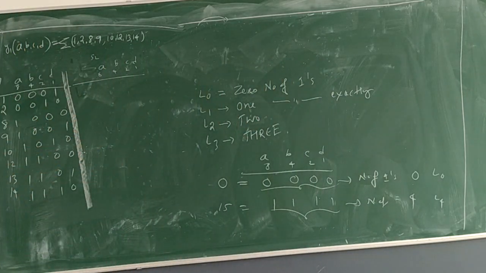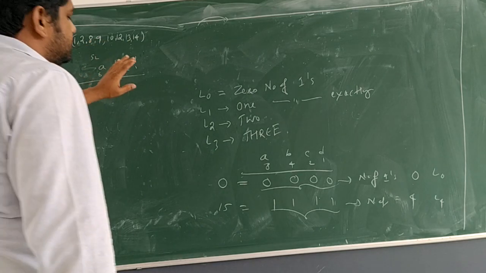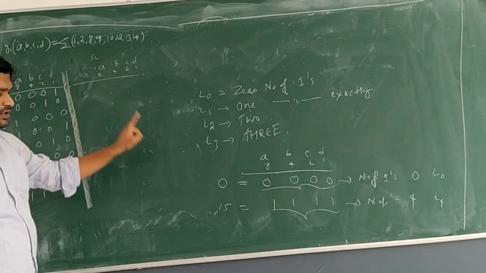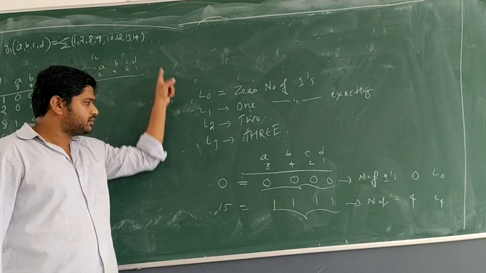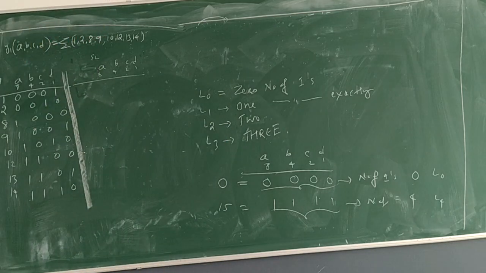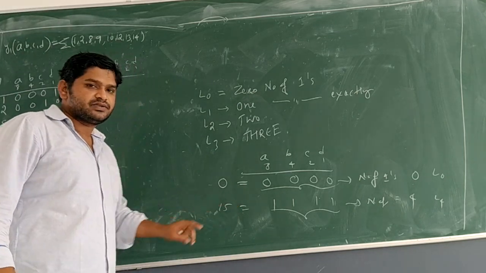Generally we will get L1, L2, L3 all. If we get L0, definitely 0 is in the problem. If we have 15 in the problem, definitely there will be L4 in the set, where we write the elements based on the number of ones.